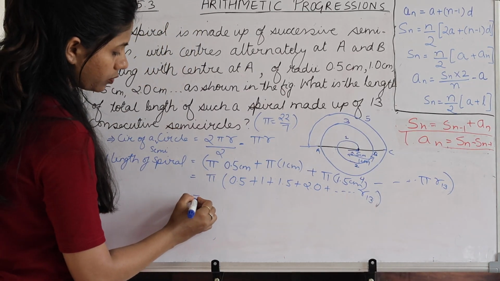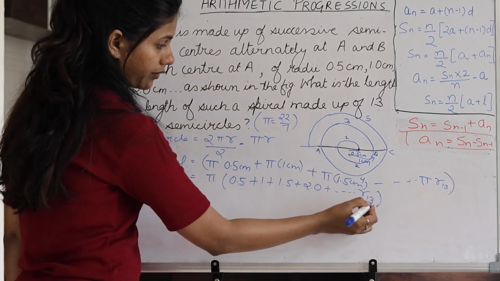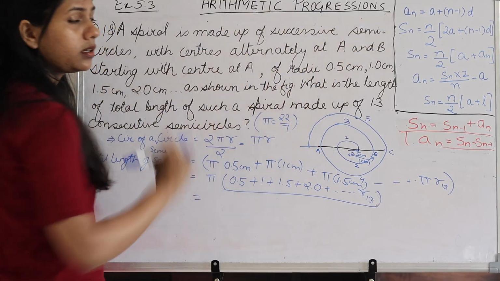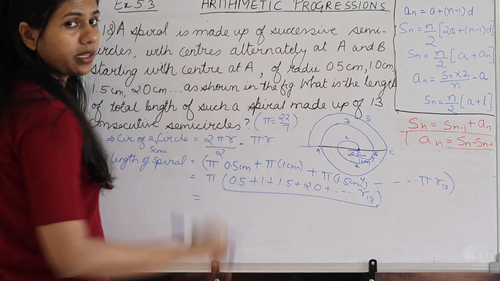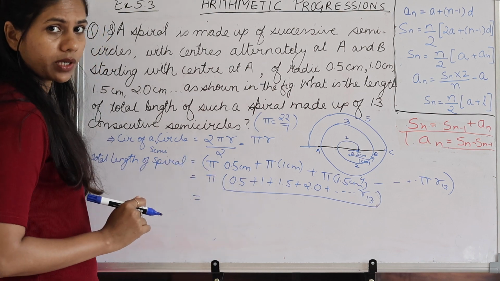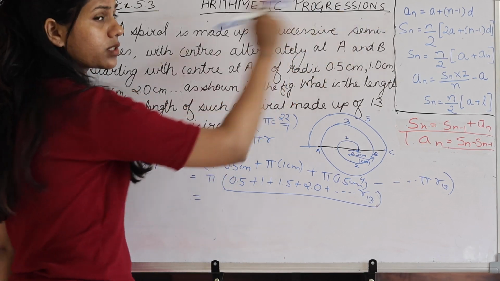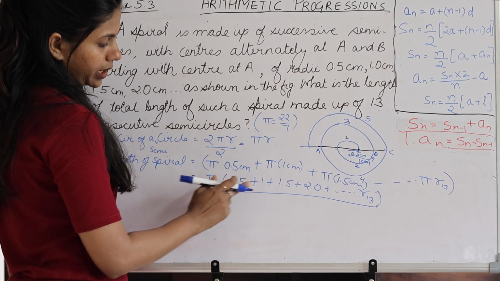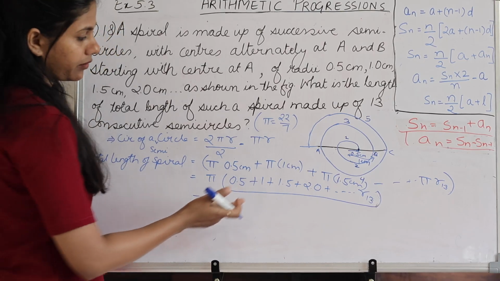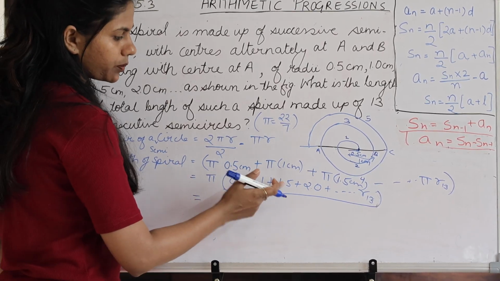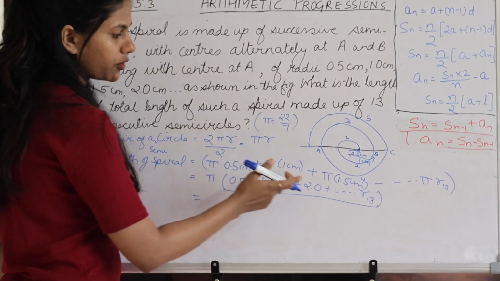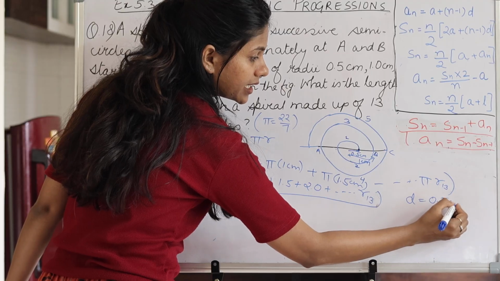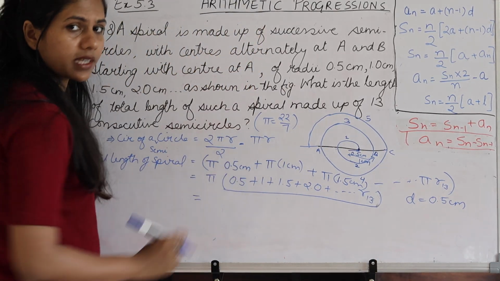Now we will see how we can find the sum of this. We already know the formula when it is an AP. We'll just see if this is forming an AP. What is the increment here? 0.5 plus 0.5 will be 1, 1 plus 0.5 is 1.5, 1.5 plus 0.5 is 2.0. So we see that d is 0.5 centimeter and this forms an AP.